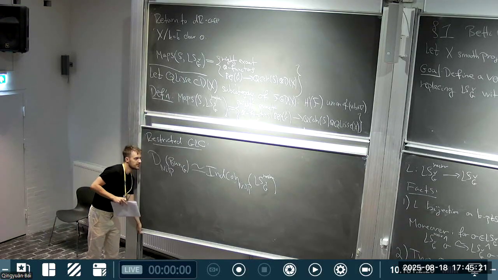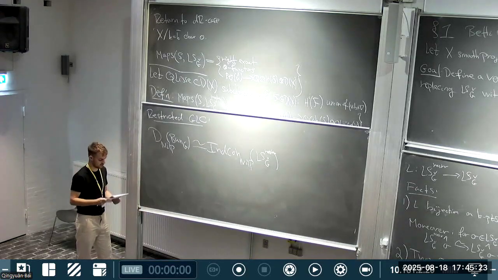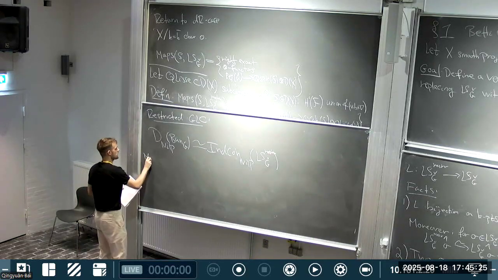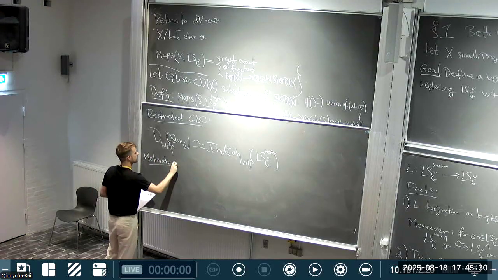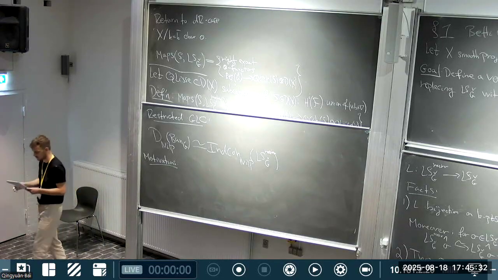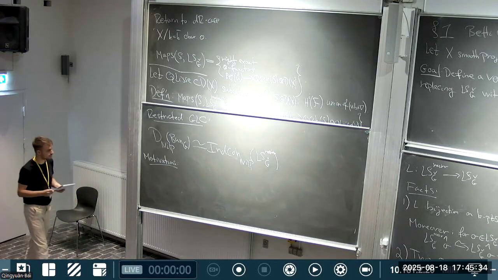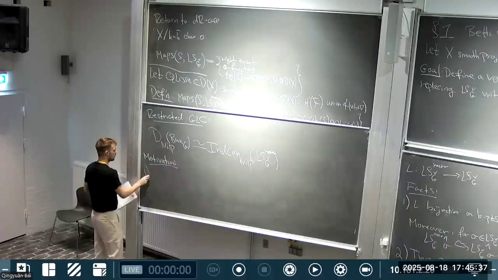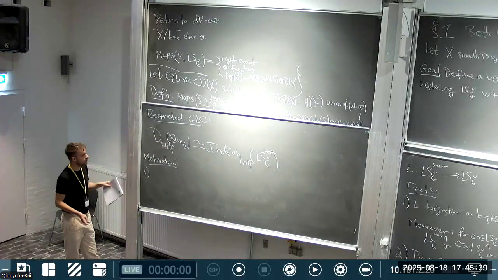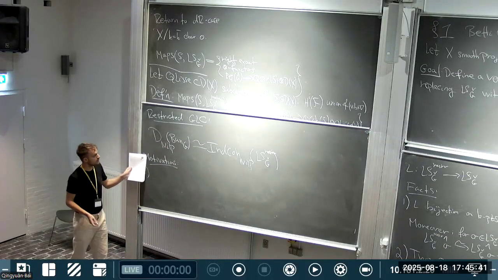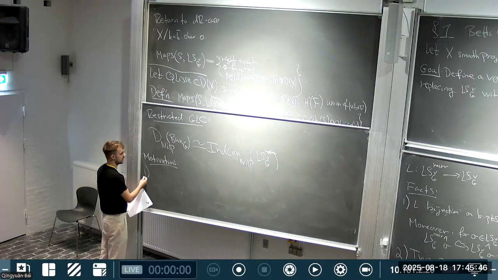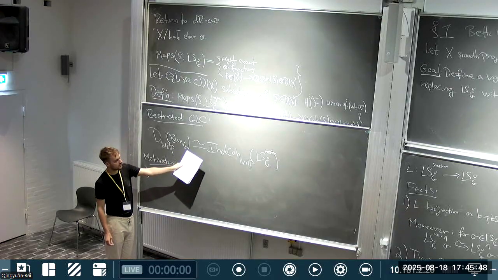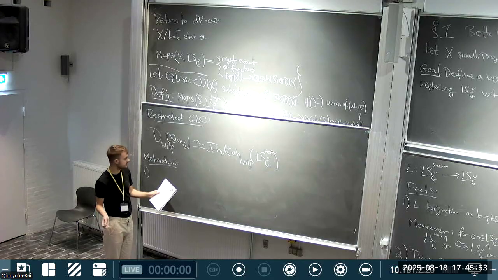Let me also give some motivation as to why this should be true. This is an analogous definition to the Betti geometric Langlands conjecture. Ultimately we're hoping to apply Riemann-Hilbert. So there's an analogous Betti restricted geometric Langlands conjecture, and you want to relate them by the Riemann-Hilbert correspondence.